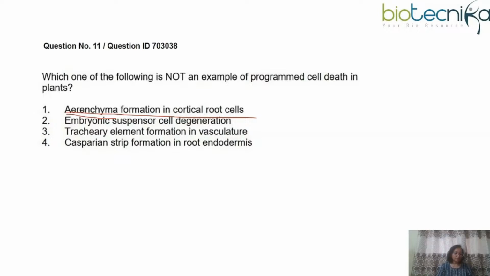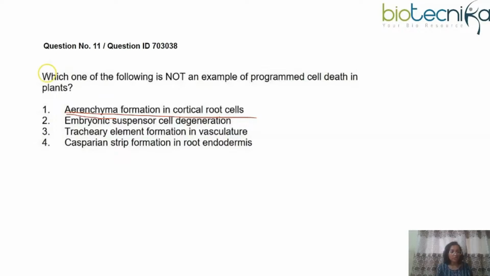The cortex cells, some of them will die and that will be because of programmed cell death. So, one happens. Okay, it is an example of programmed cell death. Even second one, suspensor cell degeneration. The name itself tells you that in the embryonic state, the suspensor cells degenerate. They are induced to go into programmed cell death. It is an example of programmed cell death.